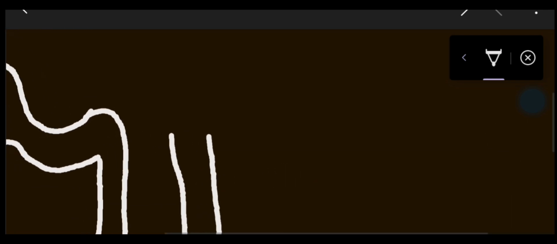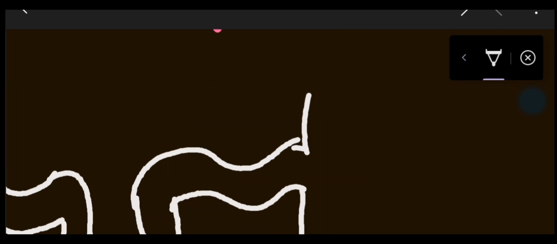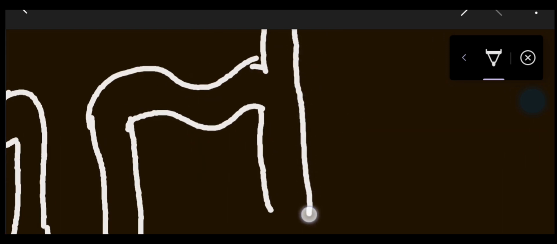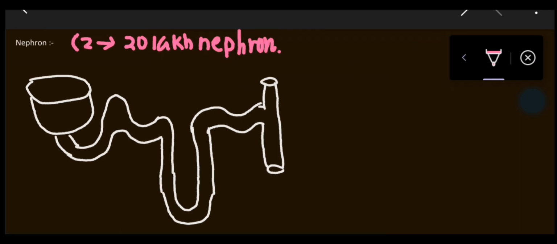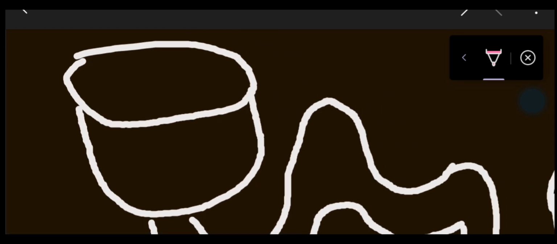After that, here we have another convoluted structure that is known as DCT, and this DCT basically opens into the duct which is known as the collecting duct. Okay, so if I label this: this is basically the glomerulus.